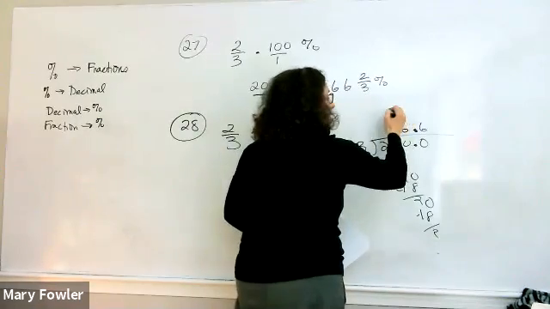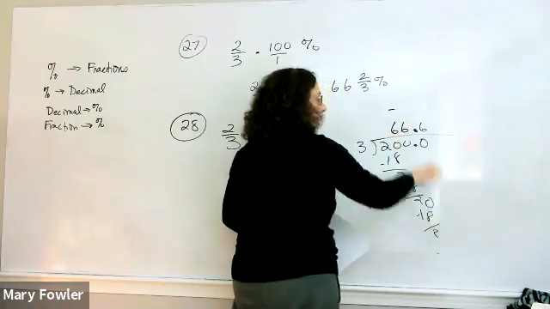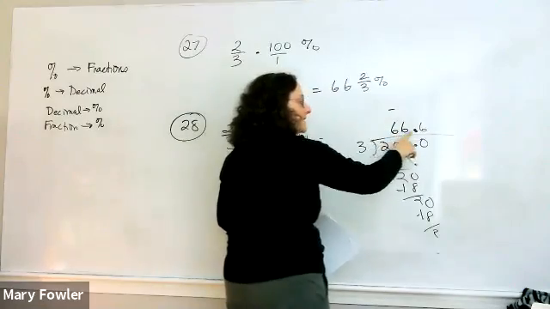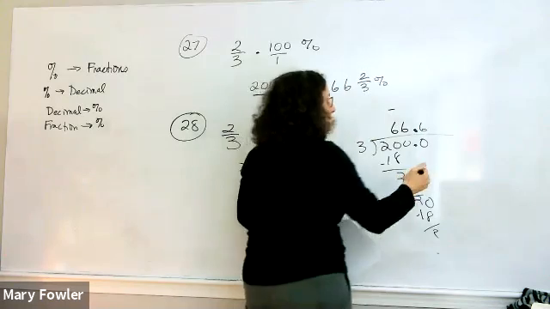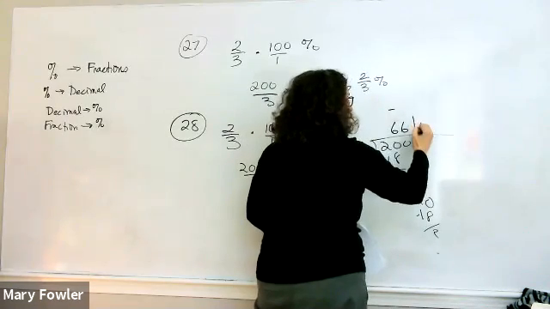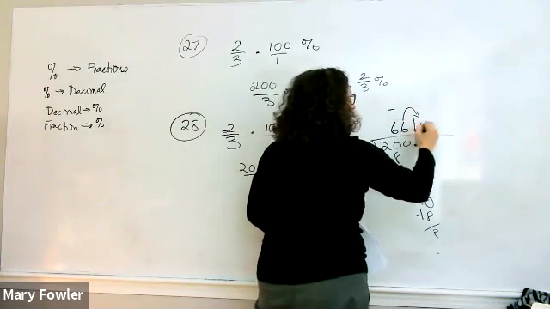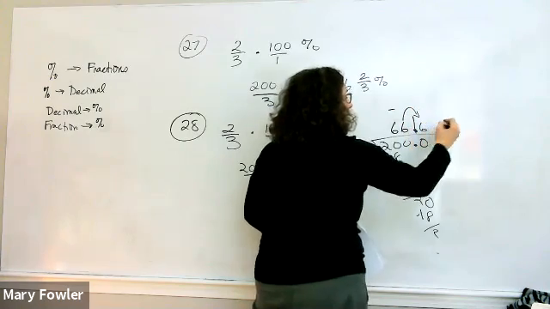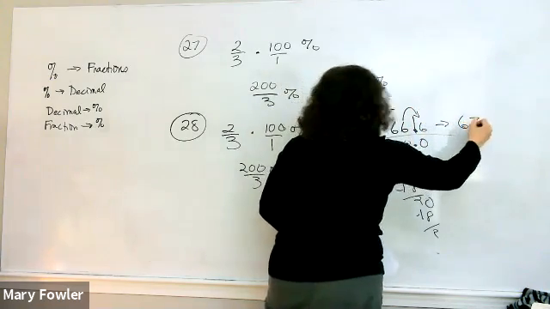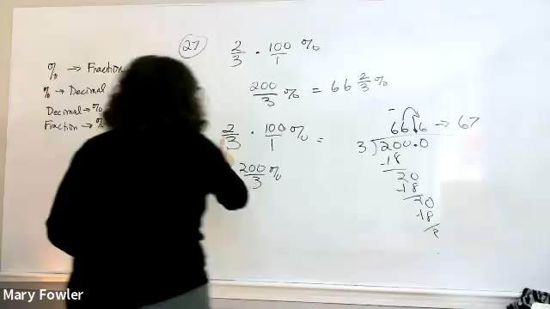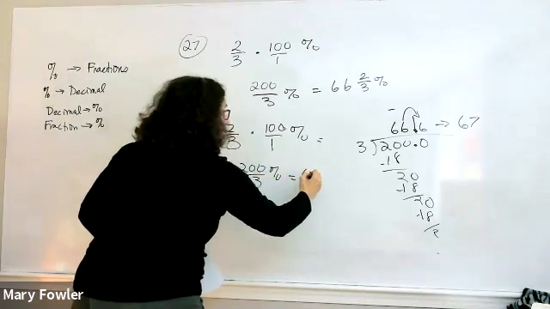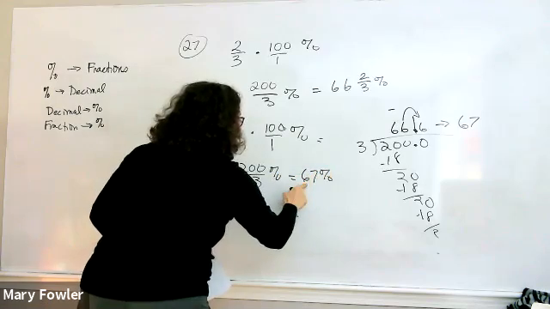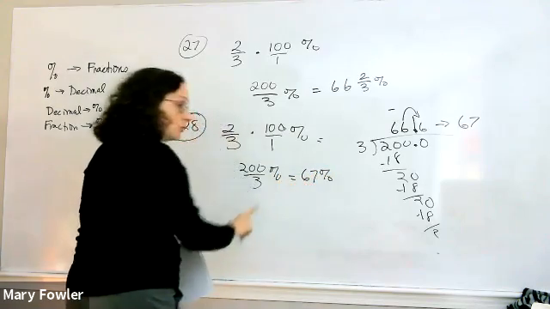Okay, so now we're going to round here. We have 66.6. We have some more there, but it doesn't matter for the rounding. So 66.6 rounded to the nearest whole is 67. So 2/3 is equal to 67% rounded to the nearest whole number.